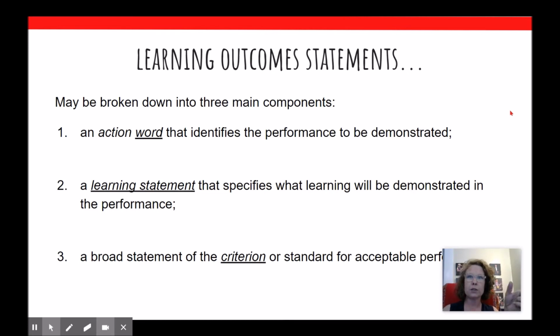So you have an action verb, a learning statement that outlines what they're actually going to be demonstrating, and then a criteria for how you'll be able to measure if they actually did have that learning and if they did demonstrate it effectively within your assessment.